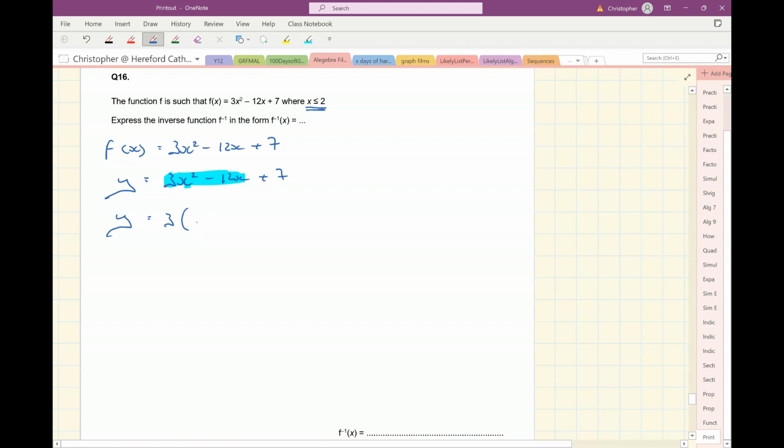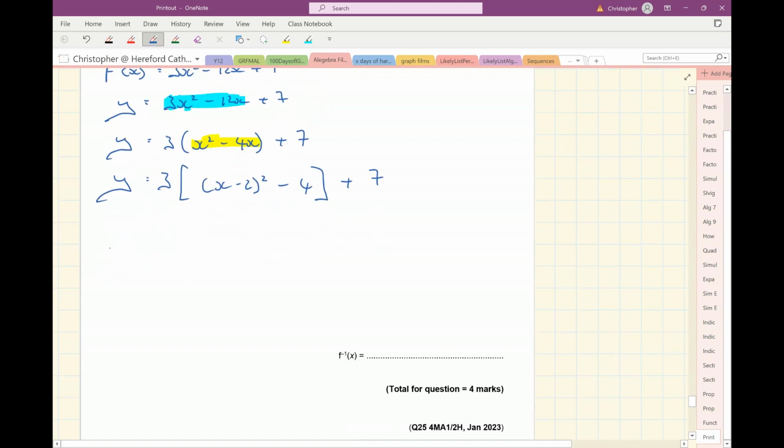So 3 lots of x² − 4x, close the bracket, copy down the +7. Now I'm ready to complete the square on this yellow expression. So I'm going to have (x − 2)², because that gives me x² − 4x. It also gives me a +4, so I'm going to need to subtract that away. Plus 7, there we go.